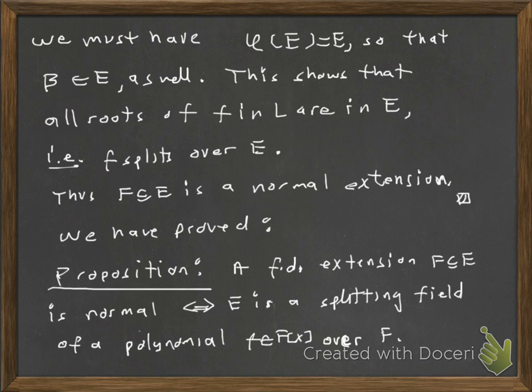So all roots of f in L are also inside E. Therefore, f splits over E. And to summarize what we have proved, a finite dimensional extension such as this is normal if and only if the extension field E is a splitting field of a polynomial over F. So this characterizes when a finite dimensional extension is normal.